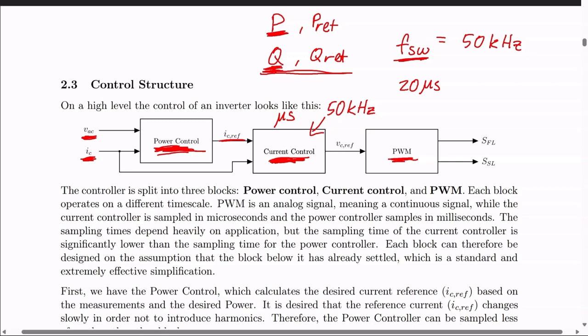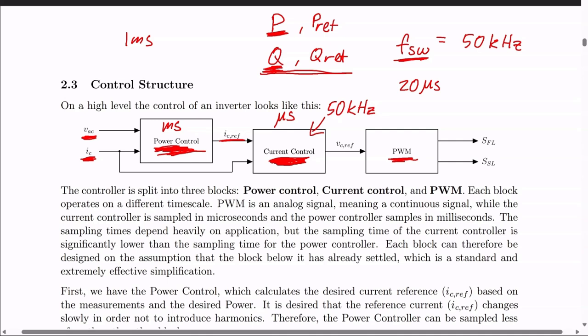And the power controller is sampled in some milliseconds, for example, 1 millisecond. Therefore, you can see that the current controller is much faster than the power controller. It's actually 50 times faster in this case, but it might vary.